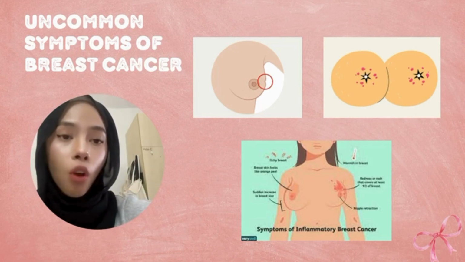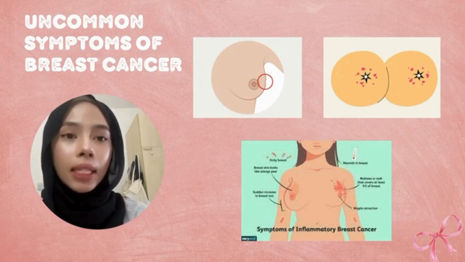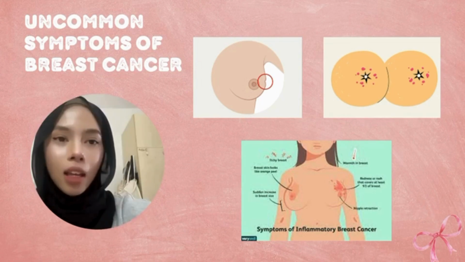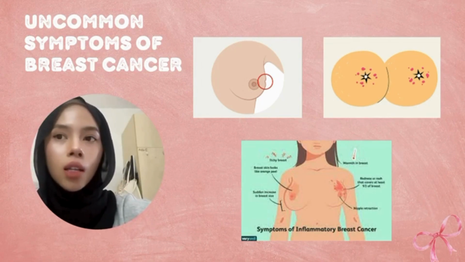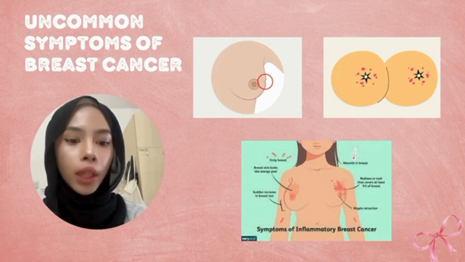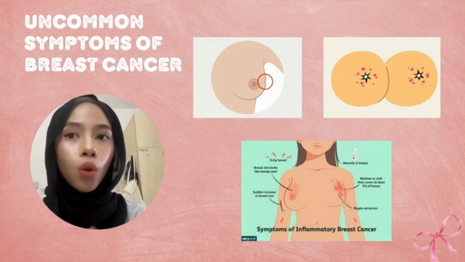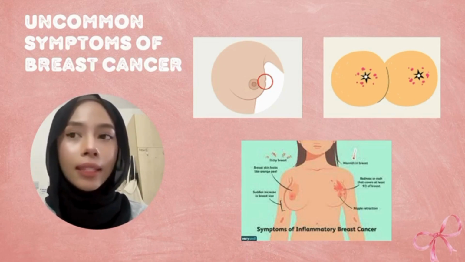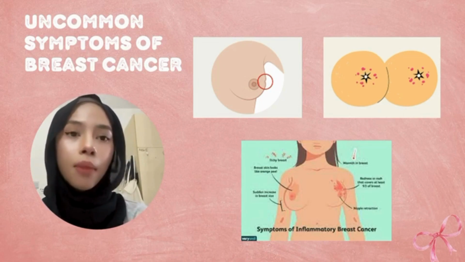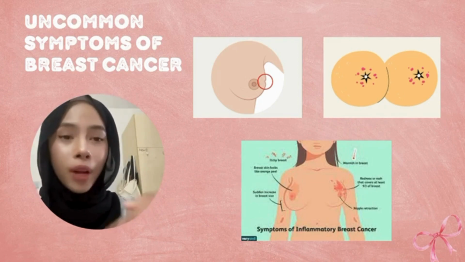Puckering or dimpling of the skin is usually caused by a deeper breast lump that pulls the skin inward. And also skin around the breast resembling an orange peel, known as peau d'orange, can be caused by cancer cells blocking lymph vessels in the skin area, and that becomes orange skin in your breast area.